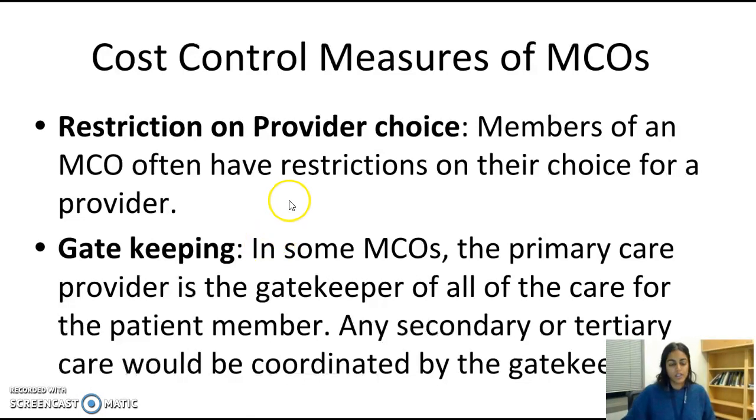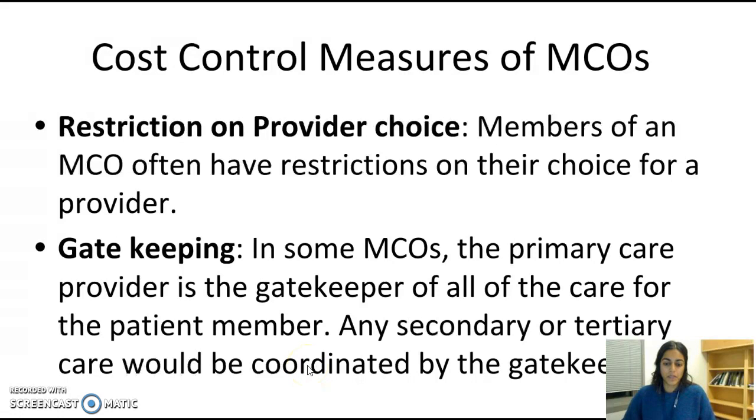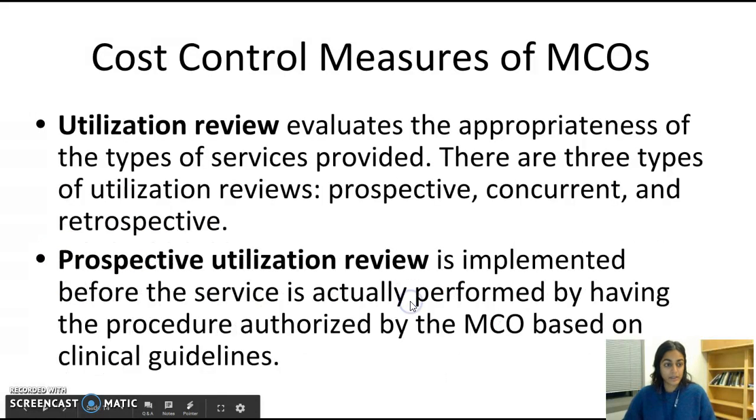Gatekeepers are another cost-cutting measure in which some MCOs enforce that patients must see a primary care provider as the gatekeeper of all the care for that patient member. Any secondary or tertiary care would be coordinated by the gatekeeper, and what they mean is the referrals would be all coordinated by this one primary care doctor.